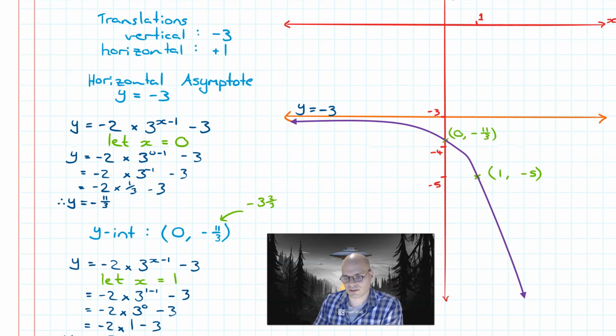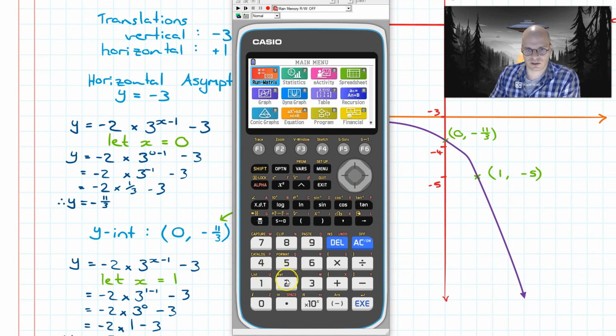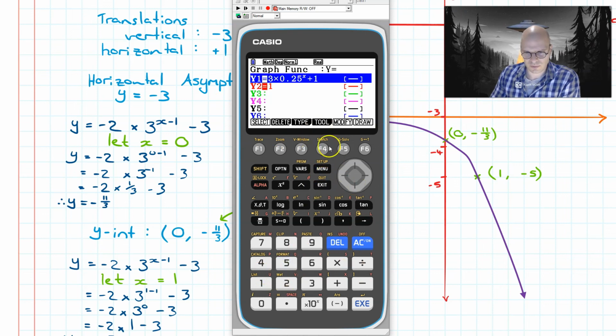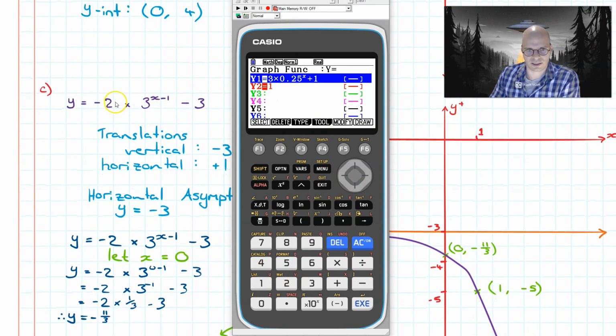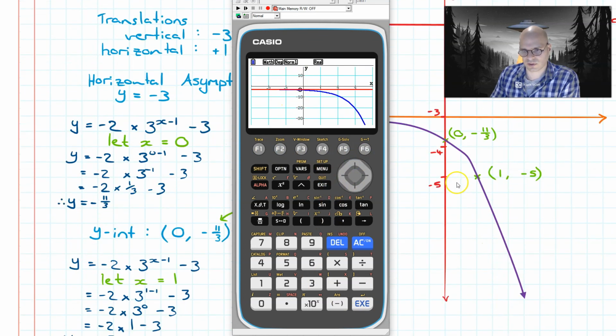Now verifying that this is correct, we come to the calculator, go into graphing mode, key in the exponential and the asymptote, I graph it, and then I auto zoom it. I get something which sort of looks right. I got the shape right.